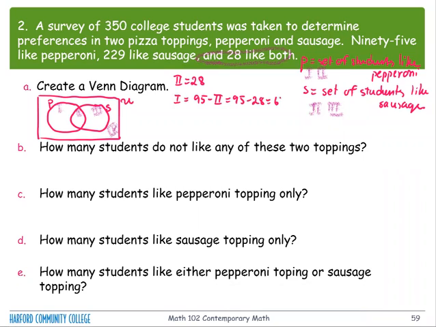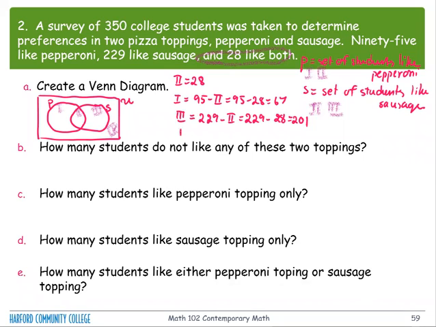That comes out to be 67. And then region 3 would be the rest of 229 after we take the 28 as a common number out. It's going to be 229 minus region 2, or 229 minus 28, and we get 201.